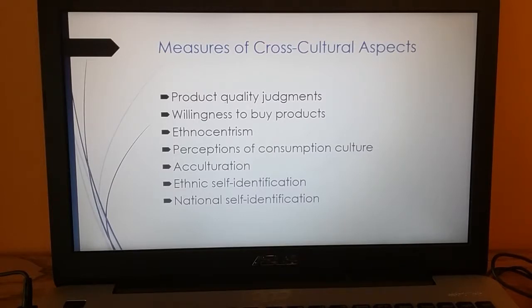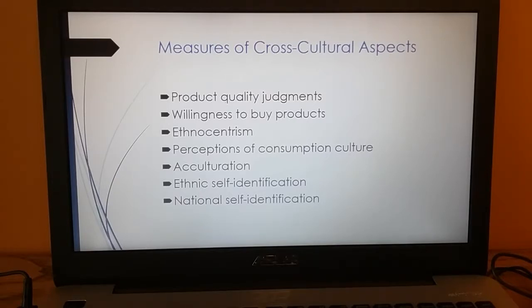some measures of cross-cultural aspects. So with the quality, how willing people are to buy products. Ethnocentrism is this idea of willingness to buy foreign-made products. Some people are not willing to buy foreign-made products.